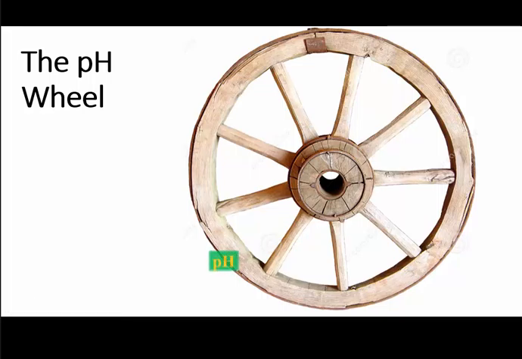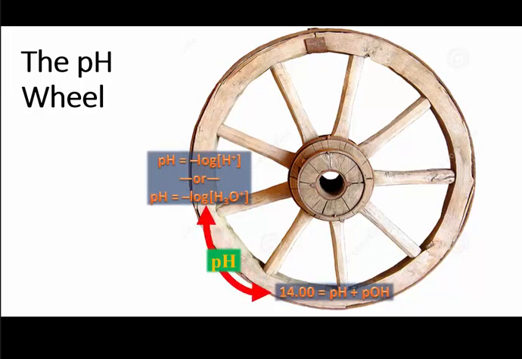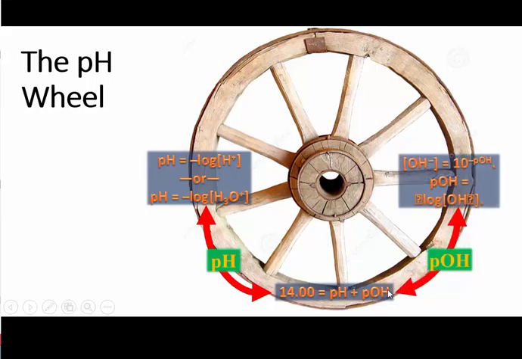And I like to call this the pH wheel. Okay? And so if the pH is here, then from pH we can calculate the molar concentration of hydrogen ions, and we'll get to what this H3O plus means a little later. Or we can calculate, using this equation down at the bottom, what the pOH is. So from pH, we can get to pOH using that. From pOH, we can also get to the molar concentration of the hydroxide ion.